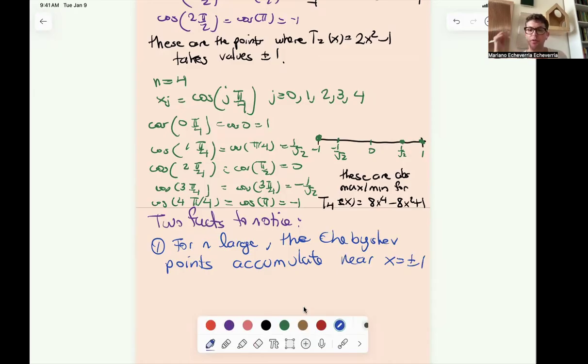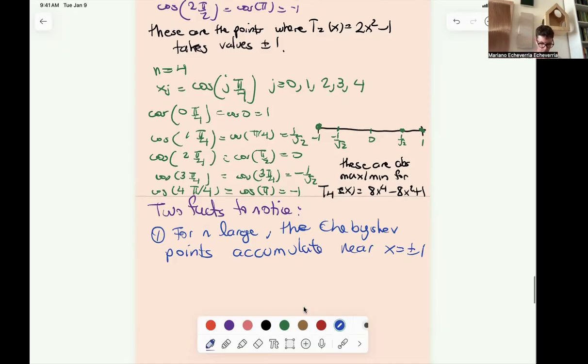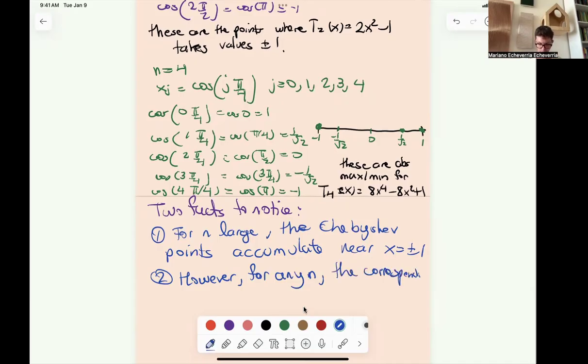However, the corresponding points on the unit circle are equally spaced on the circle. And for any n, the corresponding points on the unit circle are always equally spaced.